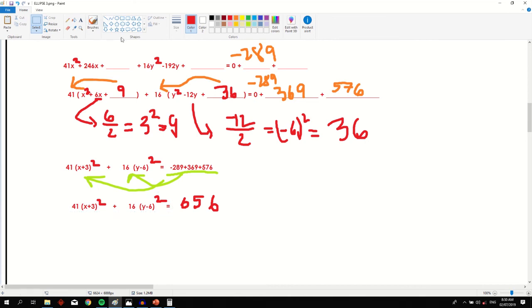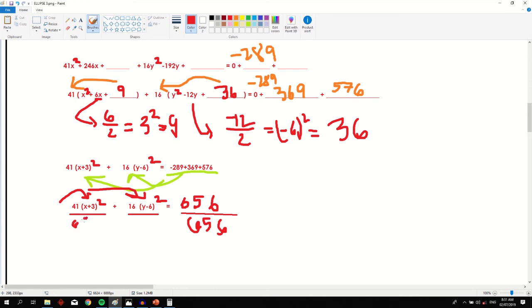Very easy. Then I will divide this all by 656. So it is division, so I can distribute that. It will not look like this, but as a separate one, I can do that.